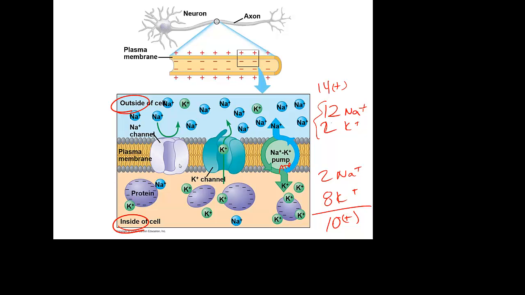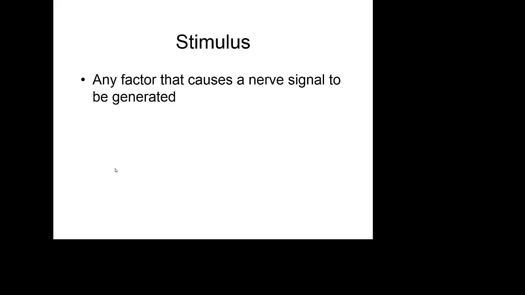At rest, you are maintaining this balance, unequal as it is, of positives outside and positives inside, but there's a difference, right? 14 minus 10 is 4. There is a difference. 14 does not equal 10. So there is a difference, and if you would put a microelectrode on one side and one on the other side, you would actually be able to measure a difference in charge between the inside and outside of this membrane.